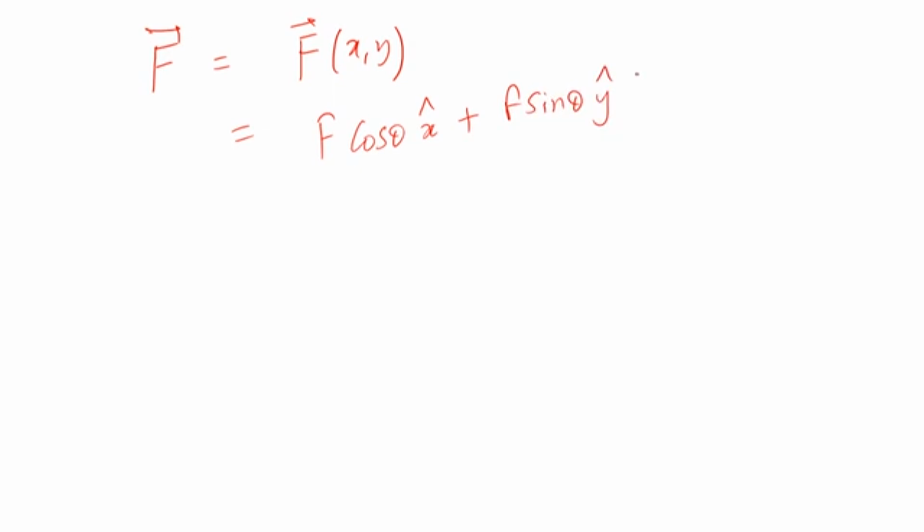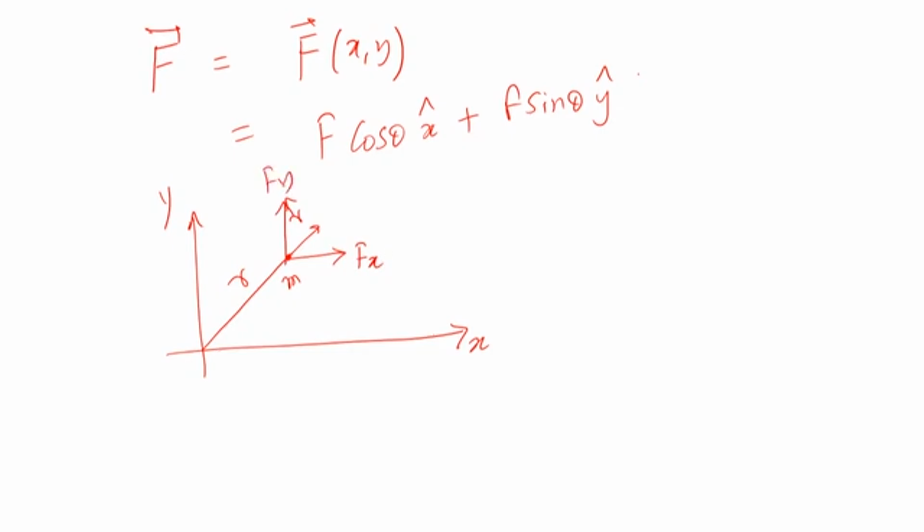This is how it is split in terms of angles. There is a particle of mass m at a position r, with r cap the unit vector. This is your x axis and this is your y axis. This is acted upon by a force in an arbitrary direction, with components f x and f y, and this is the angle theta. Let us say the force is acting in this direction.